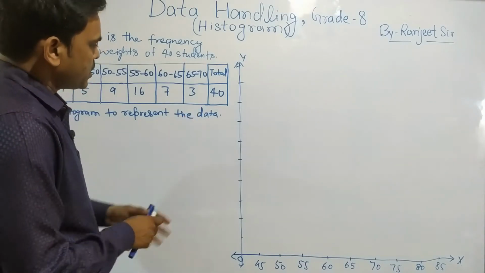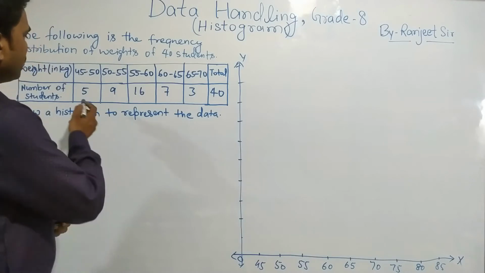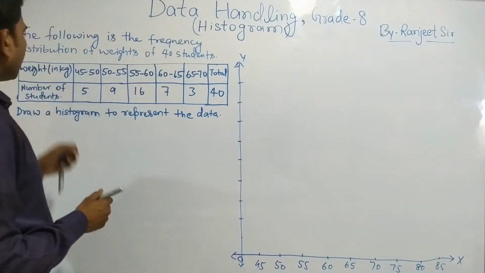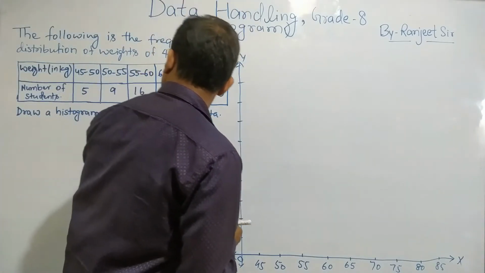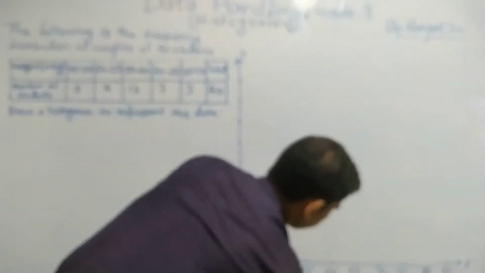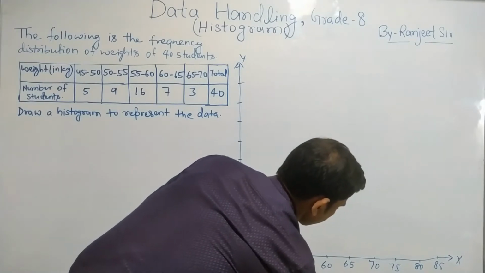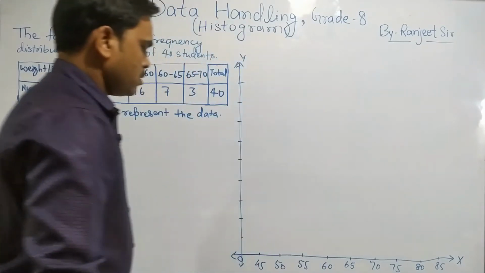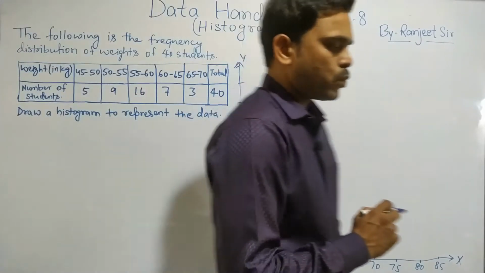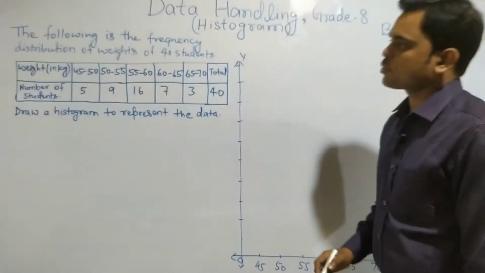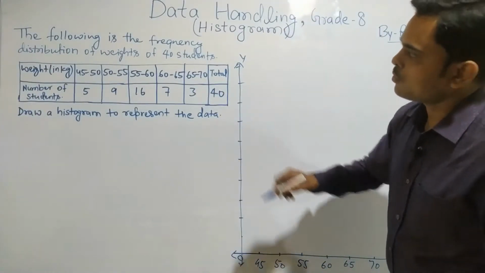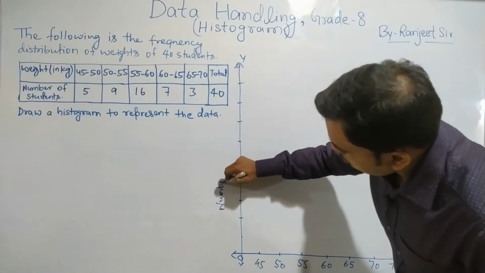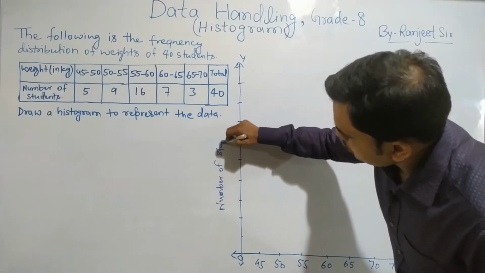On the y-axis, what is required? We have to represent the number of students. On the x-axis, I have represented weight in kg, so writing here in kg. Now on the y-axis, whatever we are going to represent is required to be written: number of students.